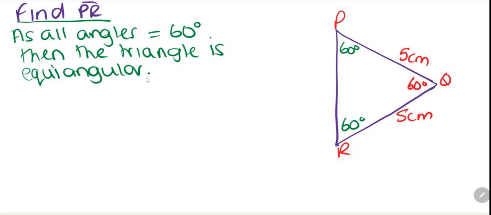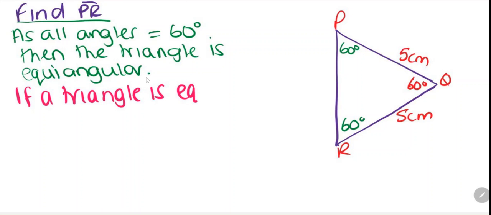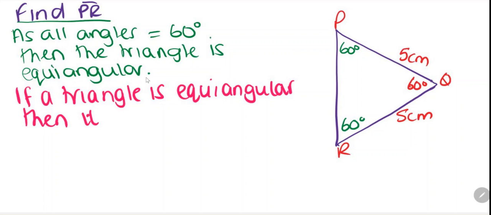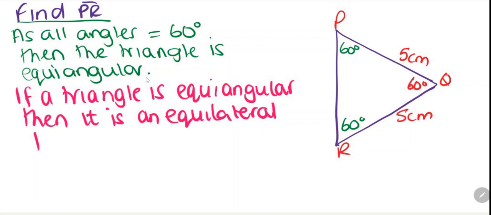And because we know, so if a triangle is equiangular, then it is an equilateral triangle.